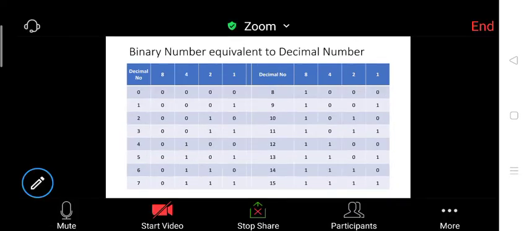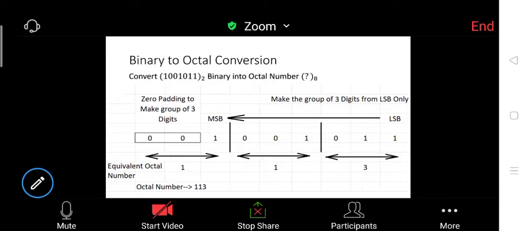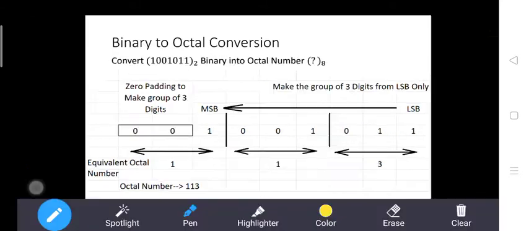So this concept will be used in the next problem. In this problem, we want to convert a binary number to its corresponding octal number. So I want to convert 1001011 into the corresponding octal number. For this, I write this number over here, 1001011.